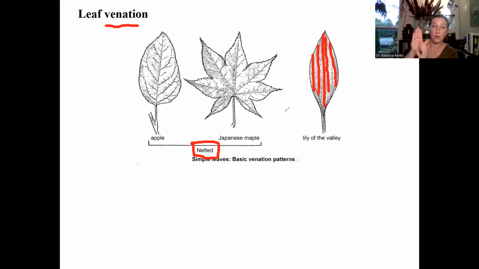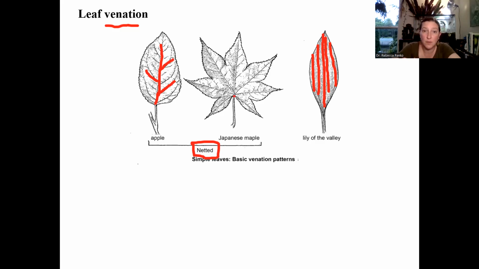Running right along next to each other. Whereas netted venation is basically not parallel. So depending on the leaf, netted venation might look like this, where you have a mid-rib and then veins coming off the mid-rib.